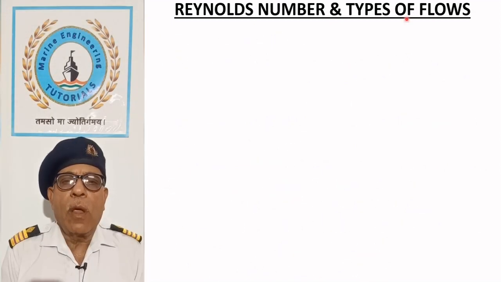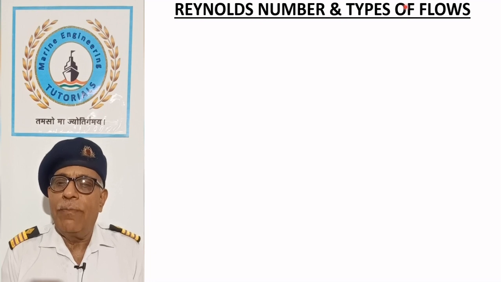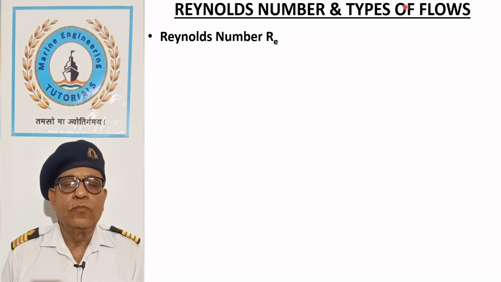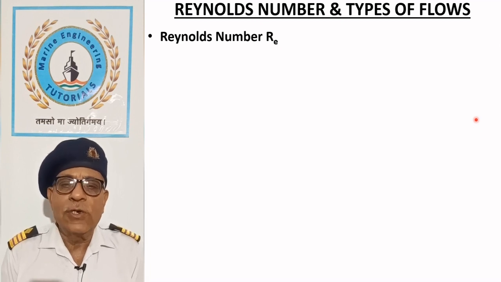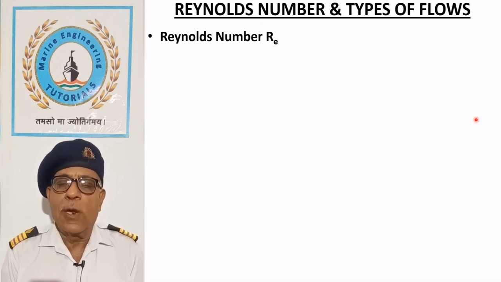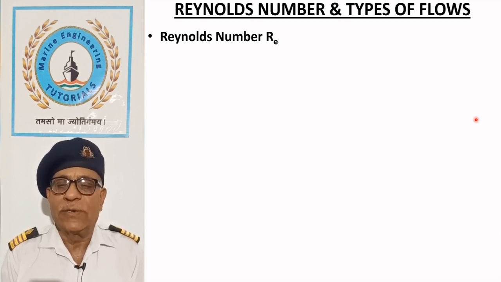Reynolds number and types of flows. Flow of liquid in pipe can be laminar or turbulent, which is distinguished by the Reynolds number. Reynolds number Re is the ratio of inertia forces to the viscous force within the fluid, which is subjected to relative internal movement due to different fluid velocities.